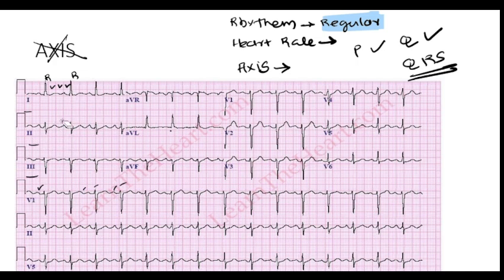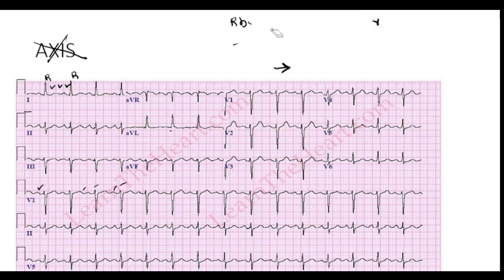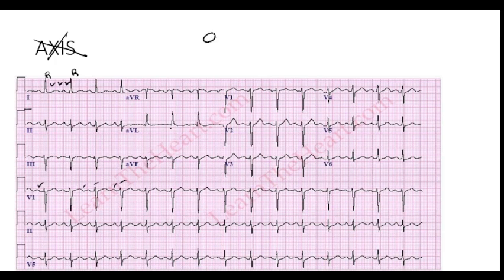So now our priority is to look for the QT interval. We have discussed P wave, Q wave, QRS complex, ST segment, T wave. Now look for QT interval. See whether it's prolonged or not. Let me tell you that the normal QT interval is almost 11 small box, which means 440 millisecond.